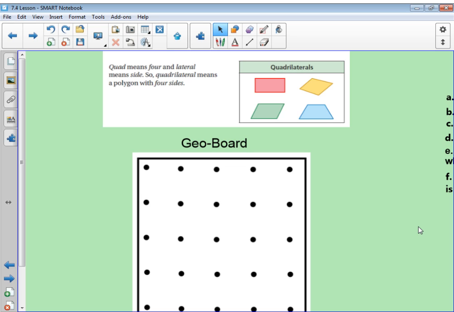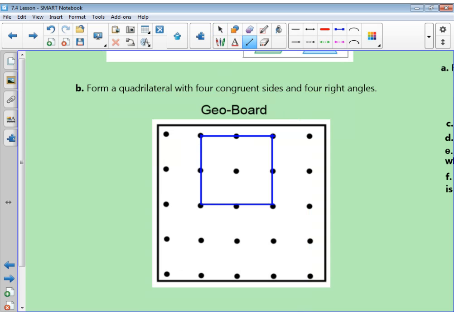So when I'm saying that it's two lengths long, three dots. So there's four congruent sides, and we created right angles right here.